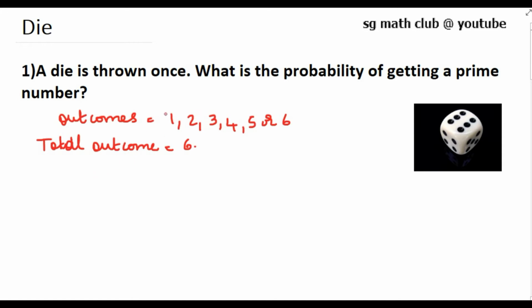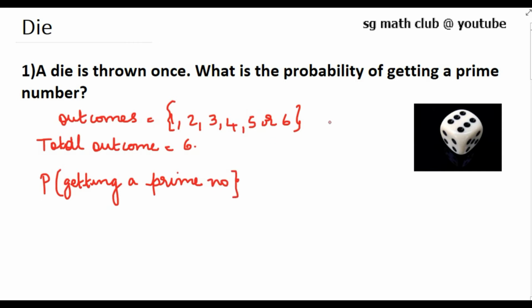So, which are the prime numbers from this?